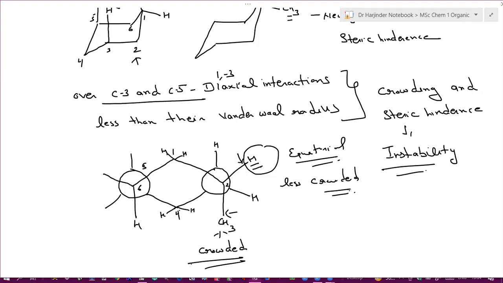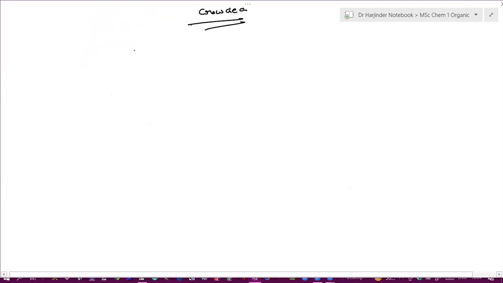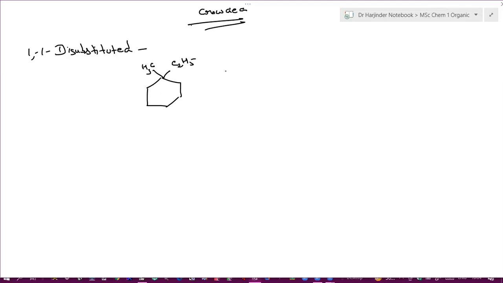Okay. Suppose you have a 1,1 disubstituted group, suppose you have this one. Methyl is over here and ethyl is over here. What will be its most stable conformation? Draw its most stable conformation.